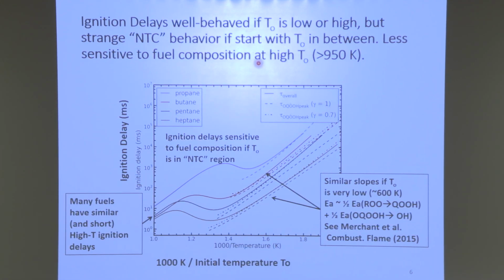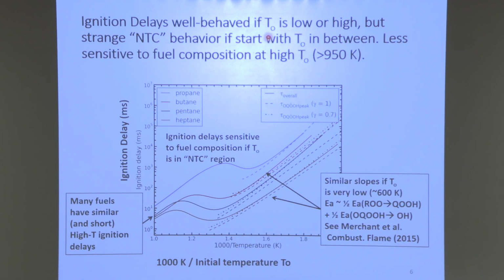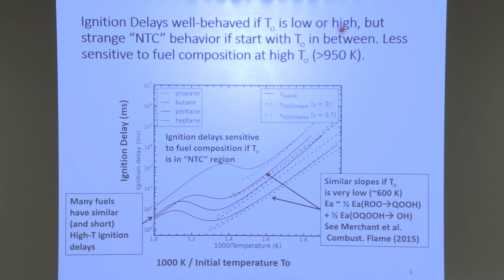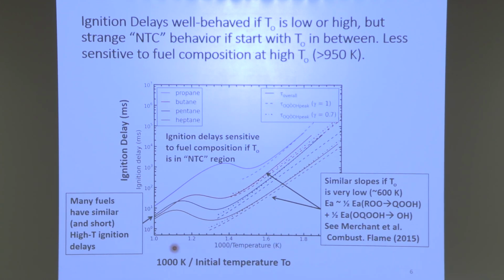In general, ignition delays are very well behaved if the initial temperature is low or high, but behave really weird in the intermediate region that's called the NTC region, the negative temperature coefficient region. What's happening is that at high temperatures over here, this is an Arrhenius inverse temperature scale, at high temperatures you get very straight Arrhenius behavior. Everything behaves about the same. It's all kind of normal, no problem.